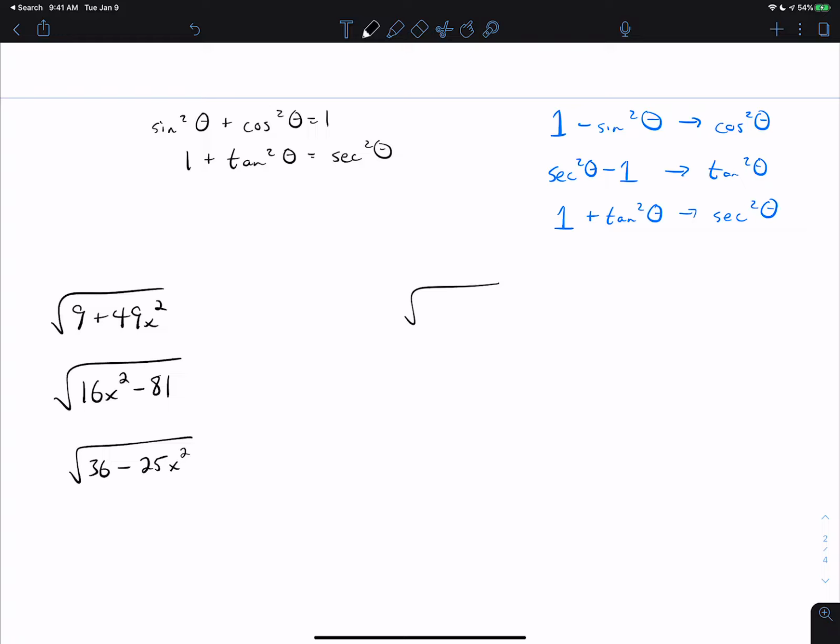If we have the square root of x squared plus 25, square root of 49 minus x squared, and the square root of 9x squared minus 1. So when I said 4 or 5, apparently I meant 7. But try these problems and then check them with me in just a minute.